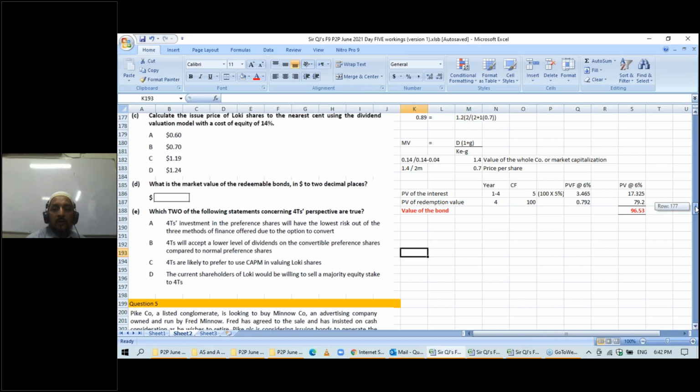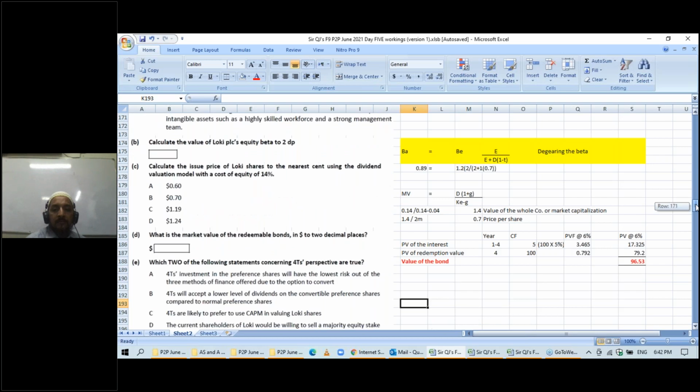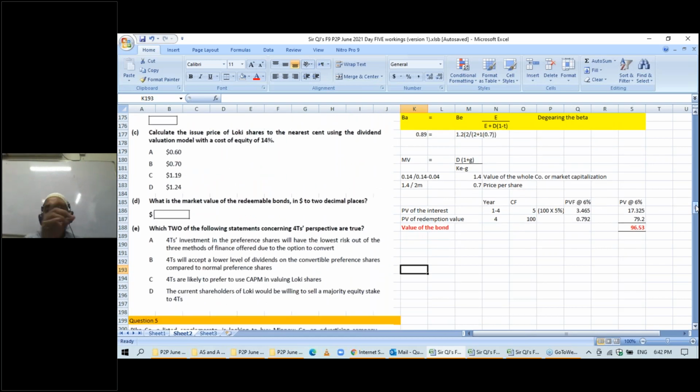So in business valuations, do not adjust for tax from the interest, but when you calculate the cost of capital, you have to account for the tax shield in the WACC. That's why you have to mandatorily adjust for the tax over there.